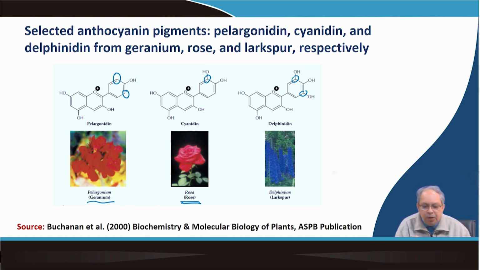Okay. So, now we will see how these structural changes occur and how these different anthocyanins are created. Now let us go to the whiteboard. Here we will first draw pelargonidin once again.